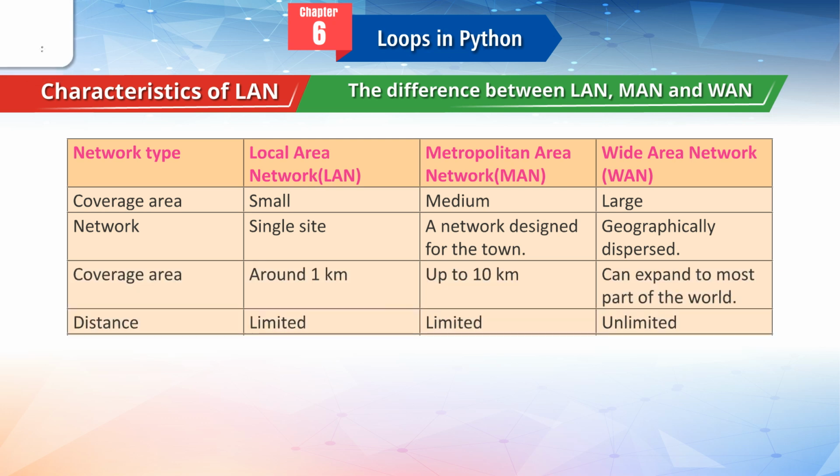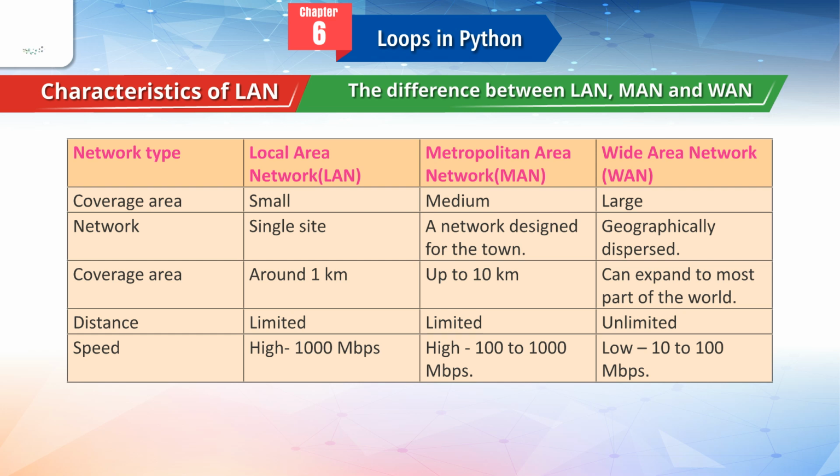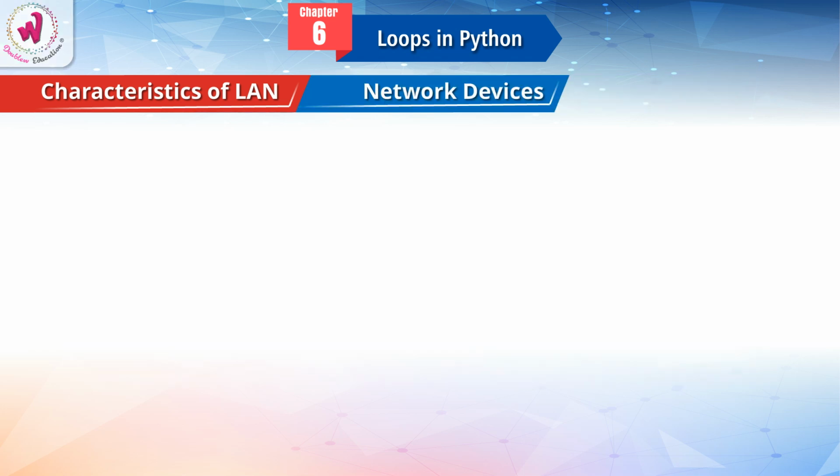Coverage area: around 1 kilometer, up to 10 kilometers, can expand to most parts of the world. Distance: limited, limited, unlimited. Speed: high, 1000 mbps; high, 100 to 1000 mbps; low, 10 to 100 mbps.